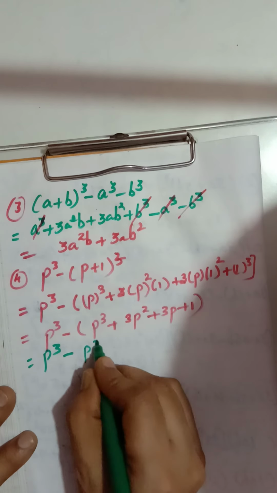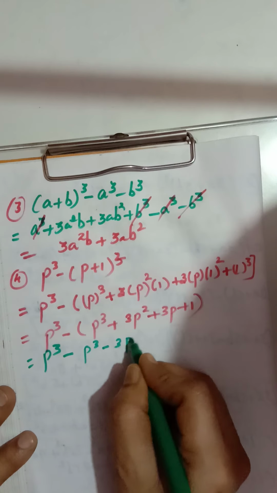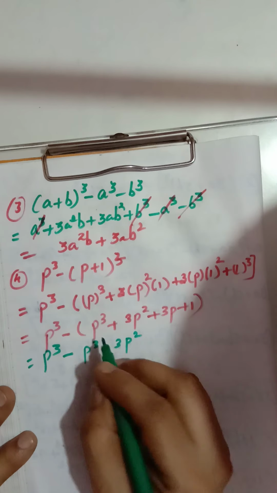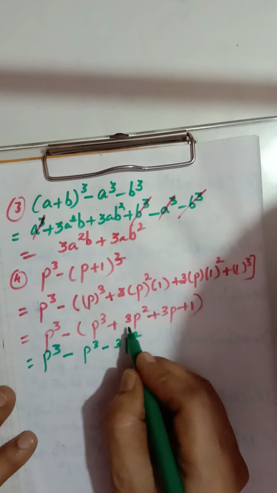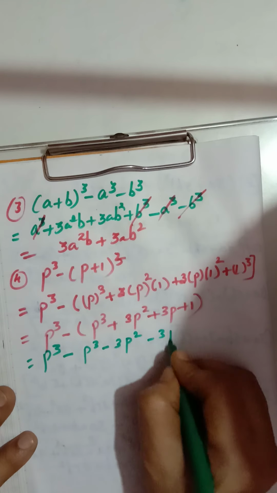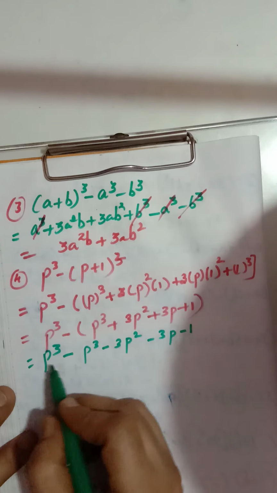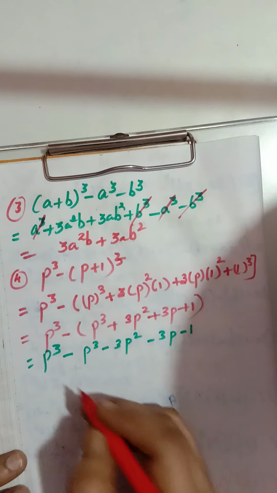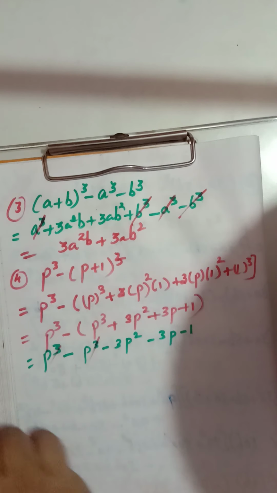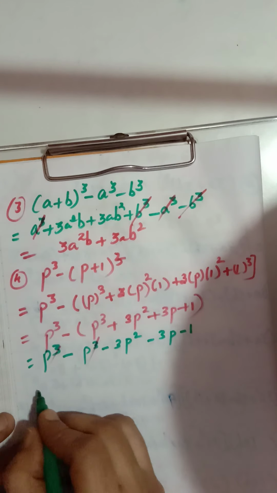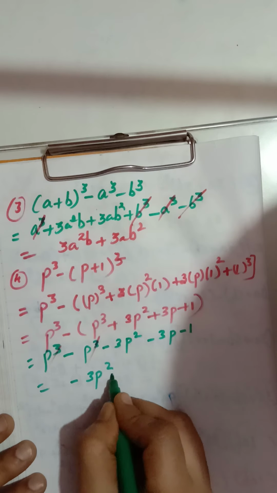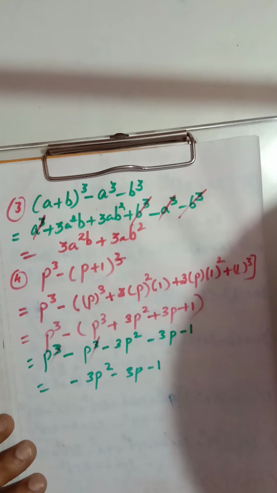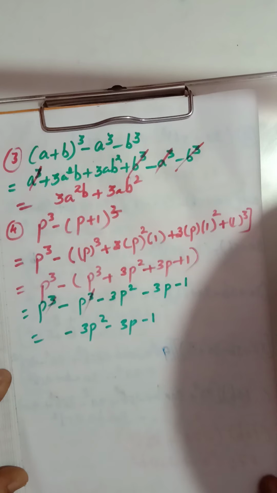So it will become minus p cube; wherever there is plus, it will become minus, and minus will become plus. So minus p cube minus 3p square minus 3p minus 1. Now plus p cube and minus p cube get cancelled, and what is remaining is minus 3p square minus 3p minus 1. So this much is your answer.